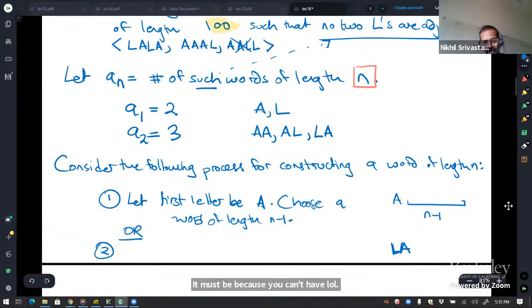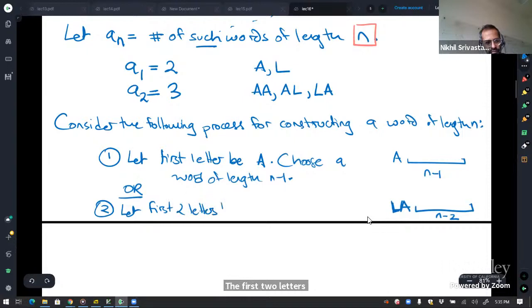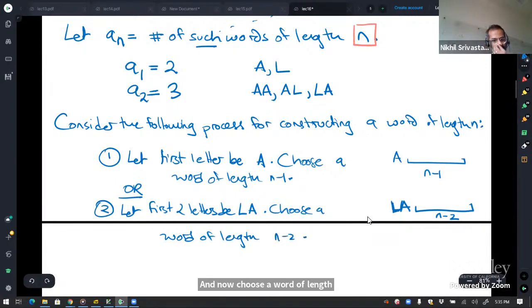So you have LA, and now you choose the remaining n-2 letters however you want, because there's an A in front of it. Or let the first 2 letters be LA, and now choose a word of length n minus 2.